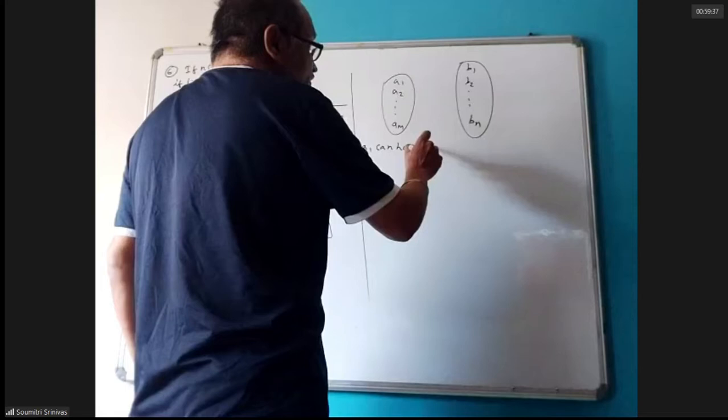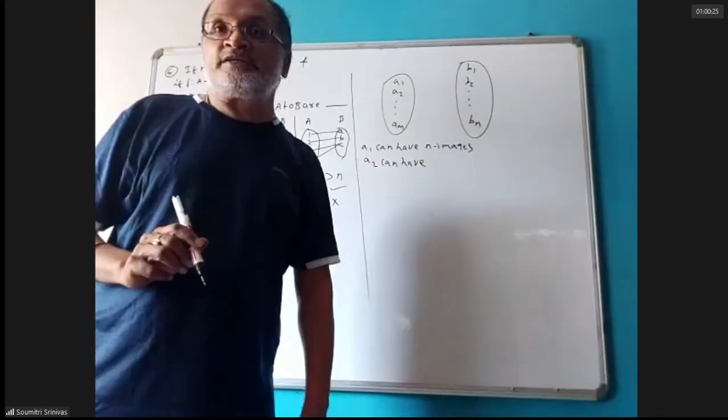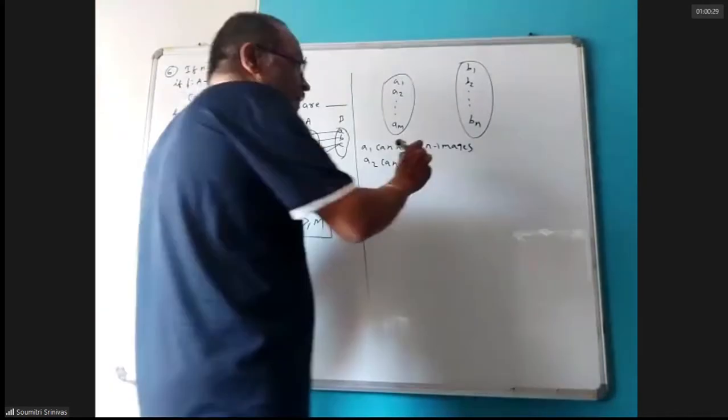A2 has all the other possibilities, the exception being B10. How many images can A2 have? Wow, excellent. N minus 1 images.